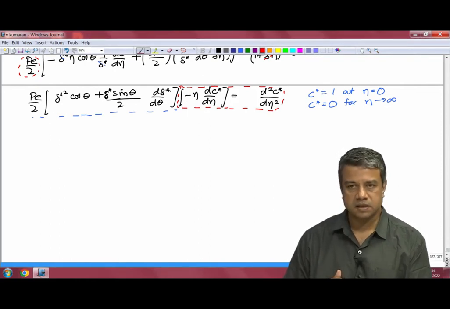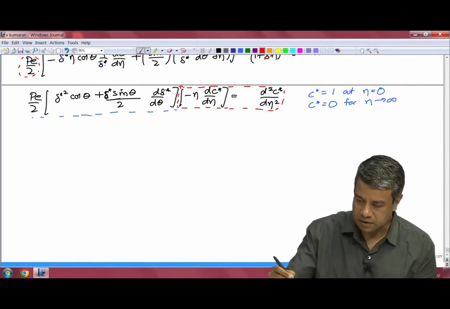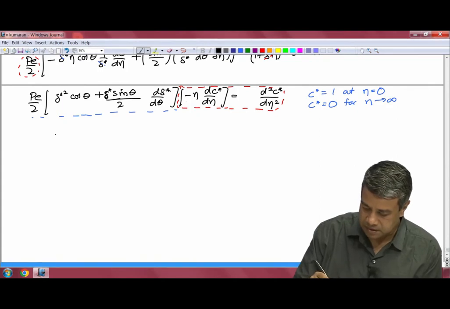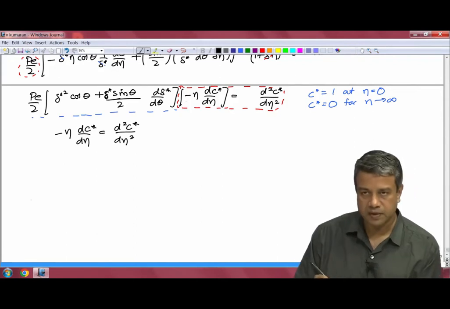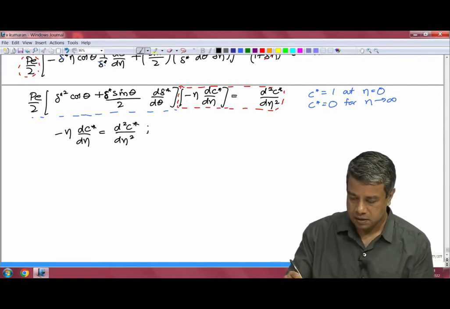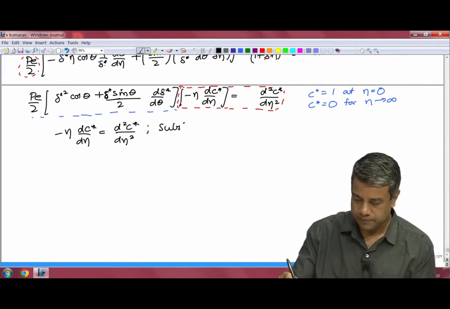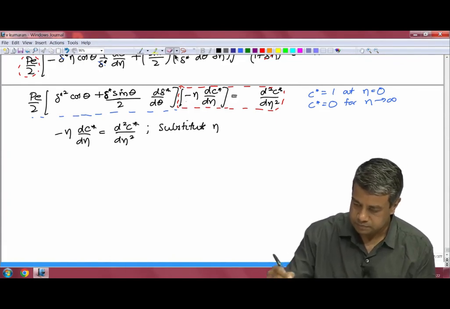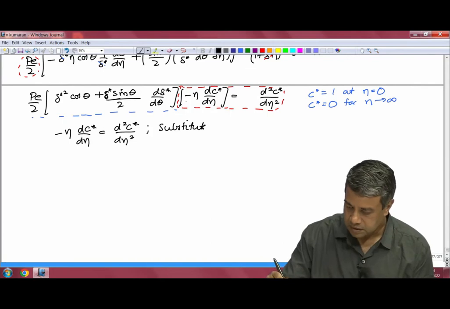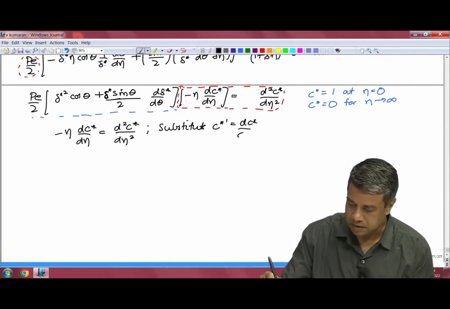And in that case the equation for the concentration in terms of eta becomes minus eta dc by d eta is equal to d square c by d eta square. Substitute c star prime is equal to dc by d eta.